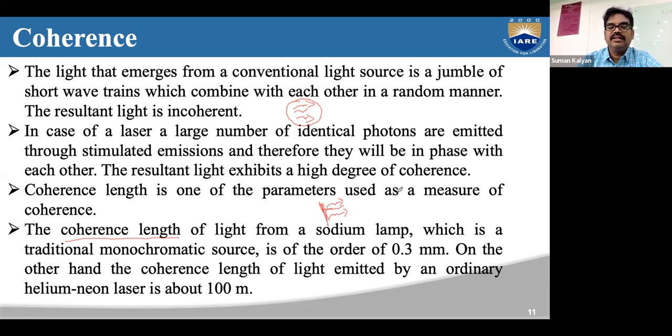We calculate the distance from this point to where they start diverging in phase. For a laser, the coherence length is about 100 meters, whereas for an ordinary monochromatic source it is of the order of 0.3 millimeters. That is the coherence length, and that's why we say that laser light is so coherent.